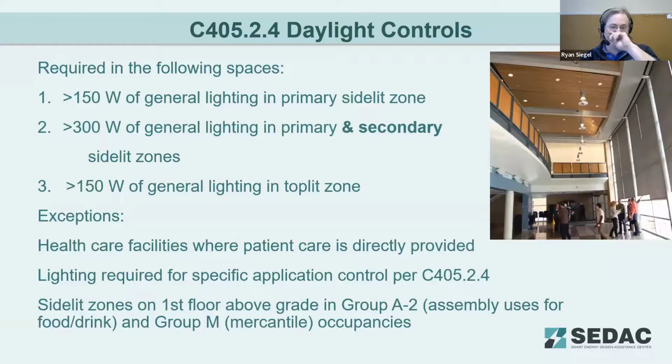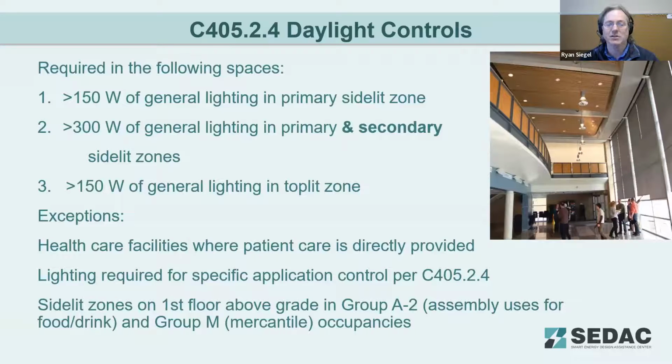So the primary sidelit zone needs at least 150 watts there. That's one threshold. The next threshold is, do we have at least 300 watts of general lighting in the primary and secondary zone? Because the secondary zone is a roughly equal area to the primary zone, we have double the area and double the wattage. Or do we have 150 watts of general lighting in a toplit zone?